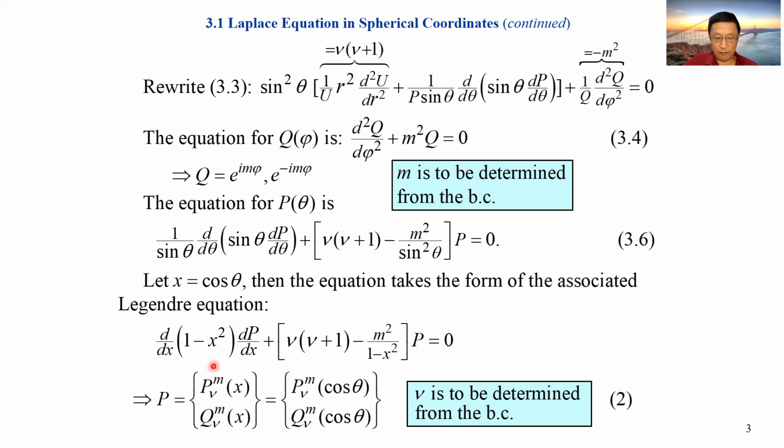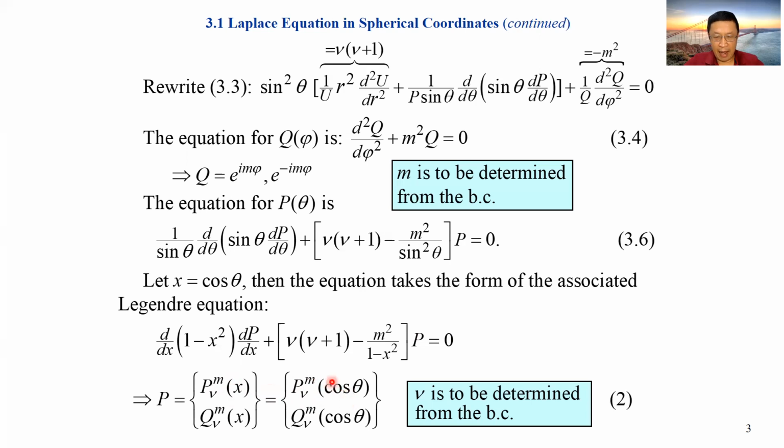So the solution for this one will be related to the value of mu and the value of m. So we can write it in two parts, P mu m, subscript, superscript. It depends on mu and m, and the variable is cosine theta.